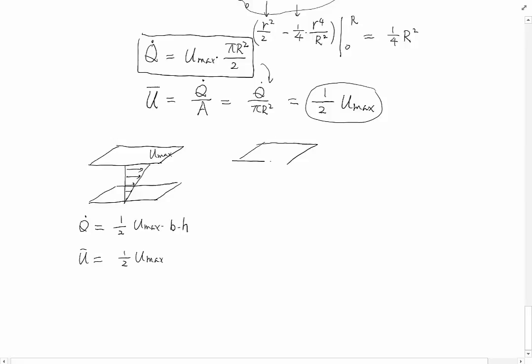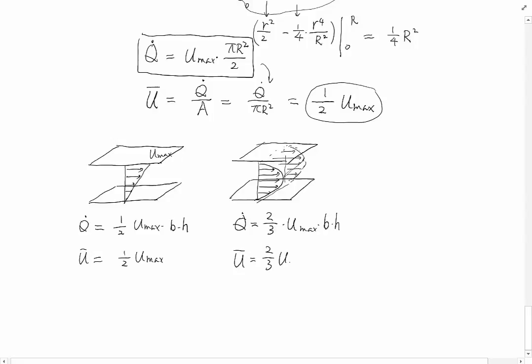Again, if it's a parallel plate, flat plate, and we have this parabolic velocity profile through and through, this is like a trough. The flow rate is 2/3 Umax bh, and U average is 2/3 Umax.